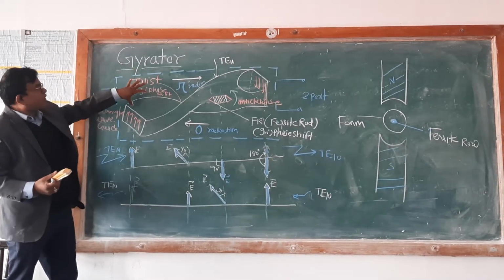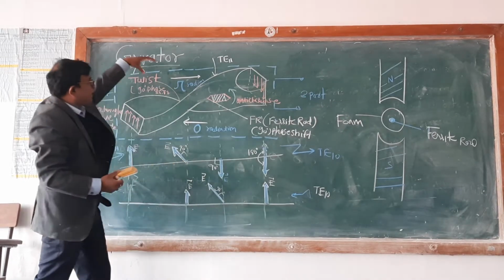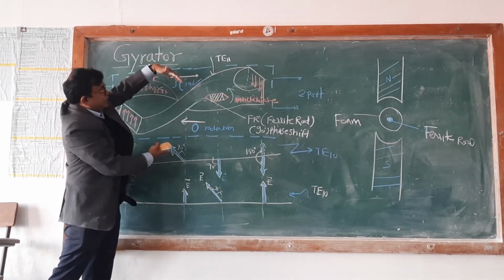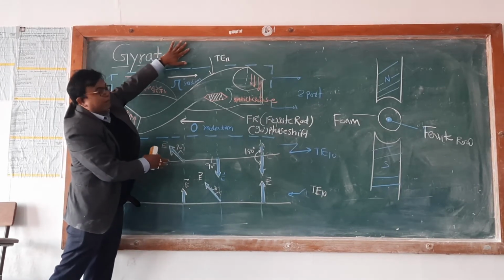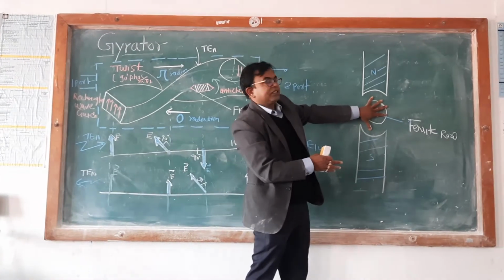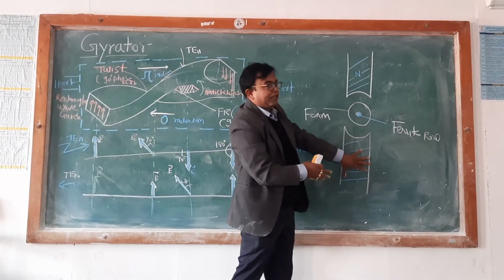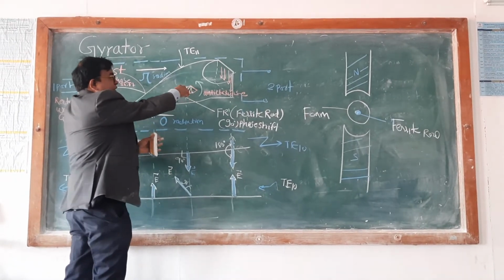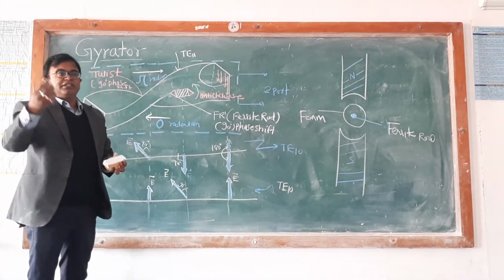So this is about the gyrator. Now in the gyrator, we apply a permanent magnetic field. This is your gyrator, and we are applying the magnetic force. How will it be moved? This ferrite will be moved just like a rod placed in a magnetic field.